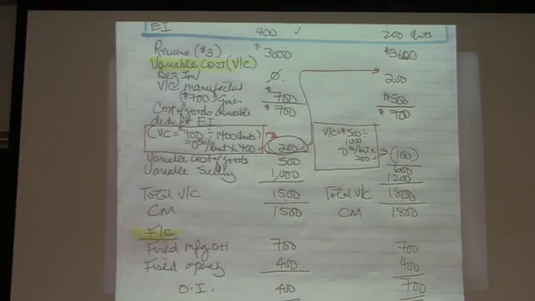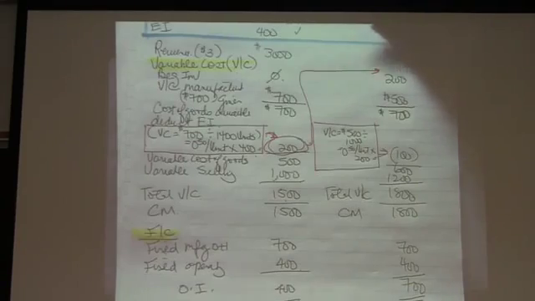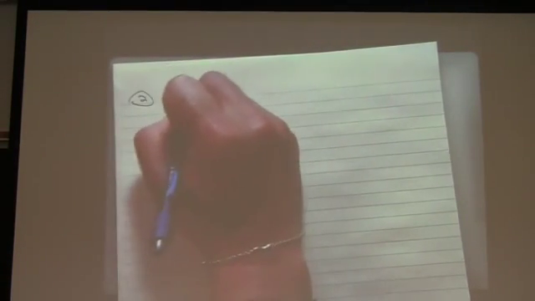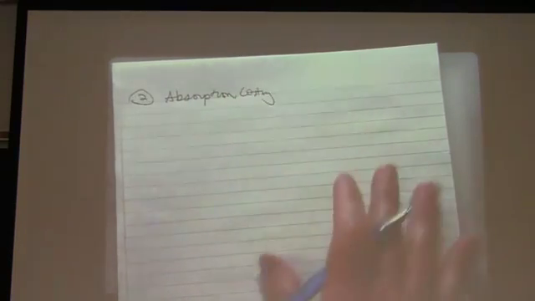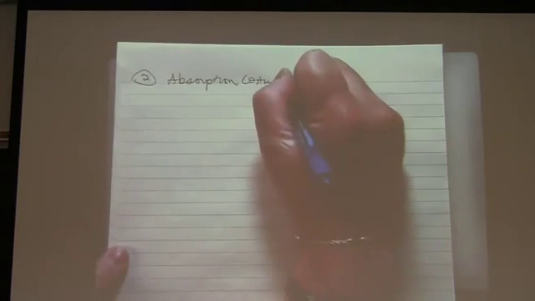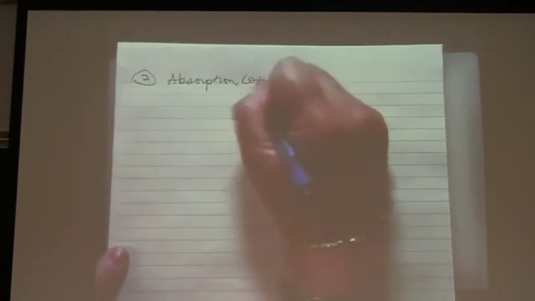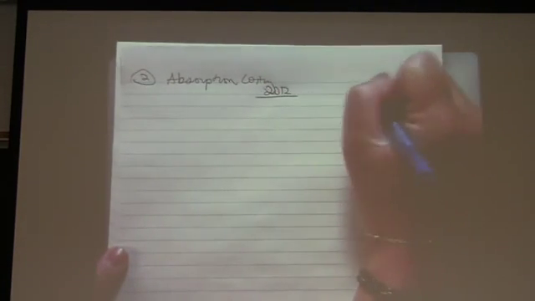Now, Part B says, or Part 2 says, we need to do absorption costing. So I want to make that comparison. Okay, so absorption costing. We've got 2012 and 2013.